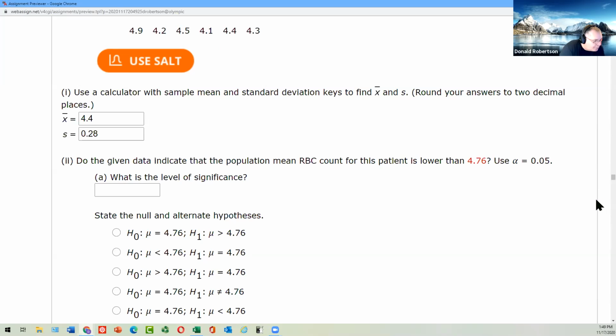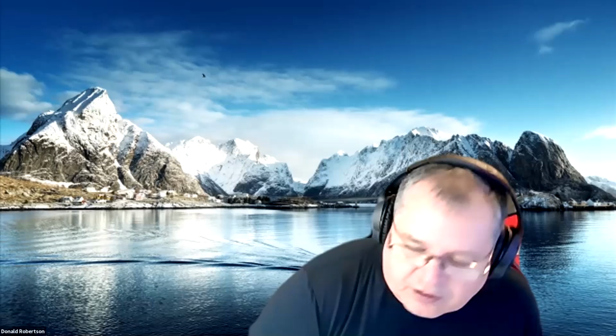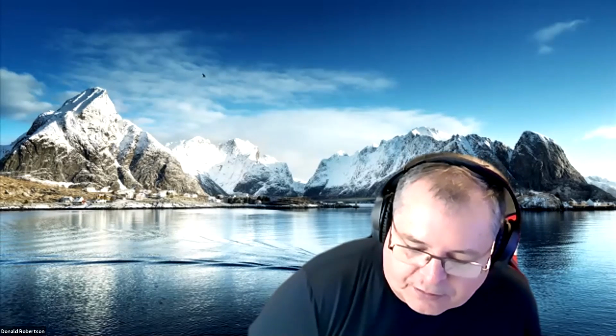So that is 0.05, and we need to prove, is it lower than 4.76? So I'm going to have to leave this for a second, and then we'll come right back to it.